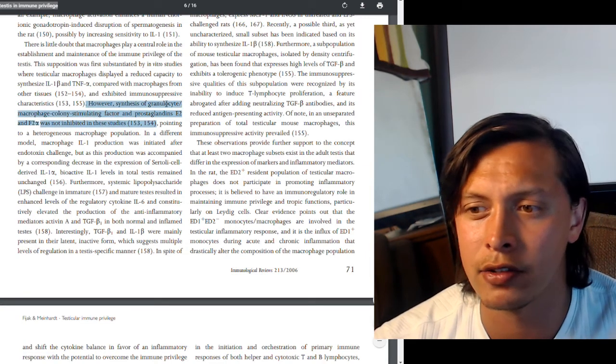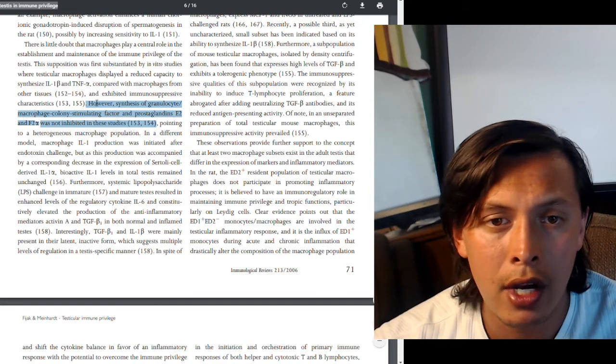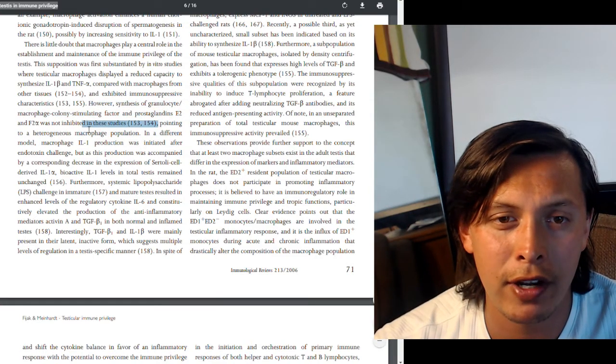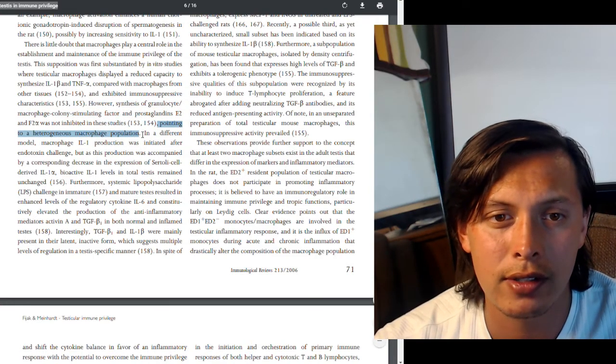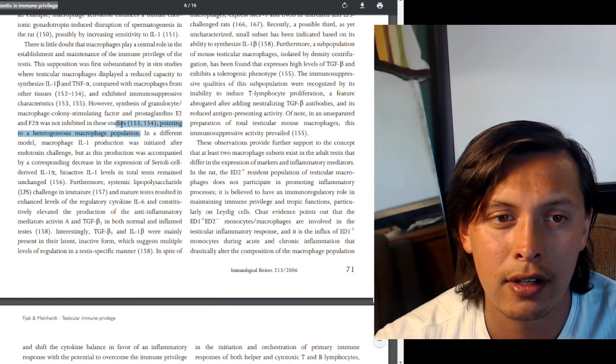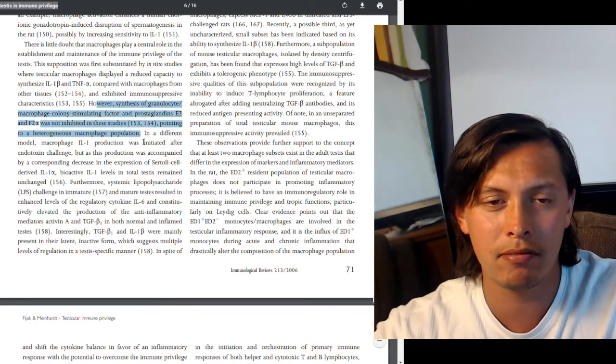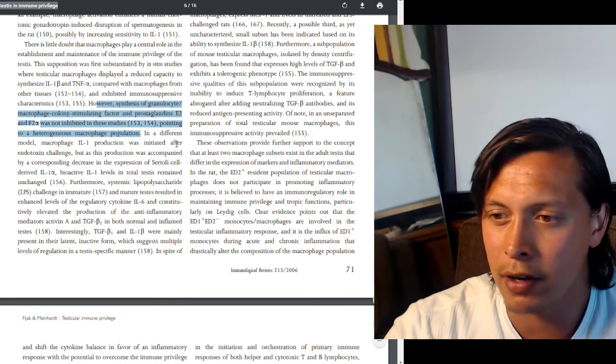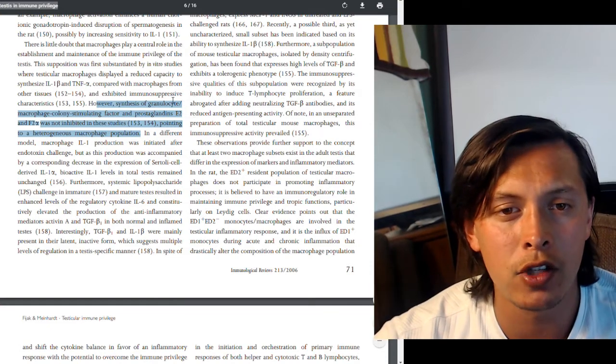But I think they're just putting this here because this is something of note, pointing to a heterogeneous macrophage population. Okay, so it's just saying that they have a variety of different macrophages, but I won't be able to tell you too much about that.